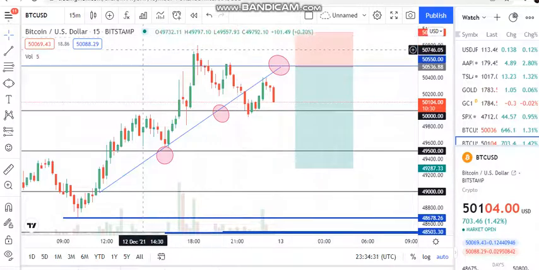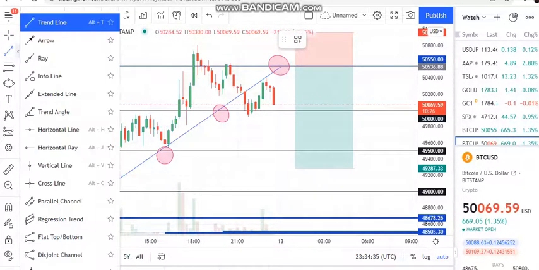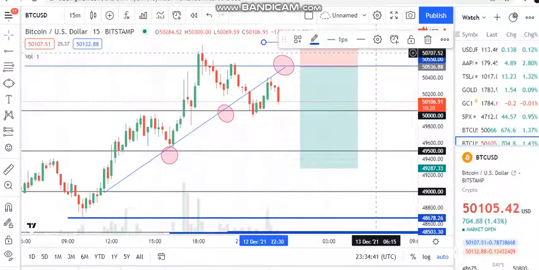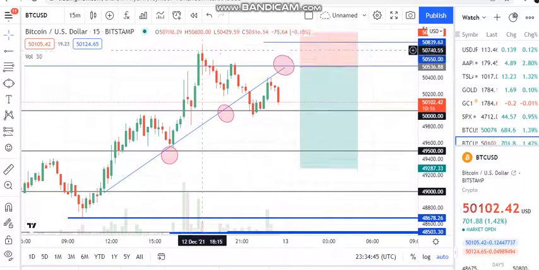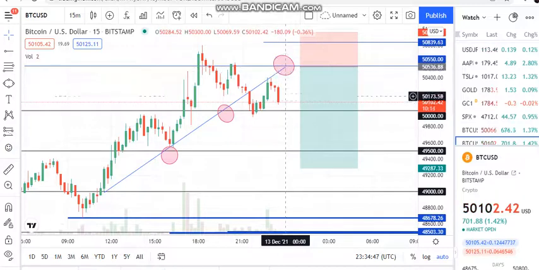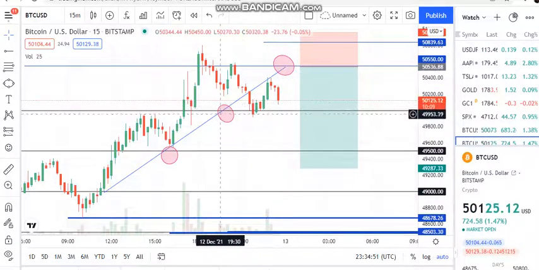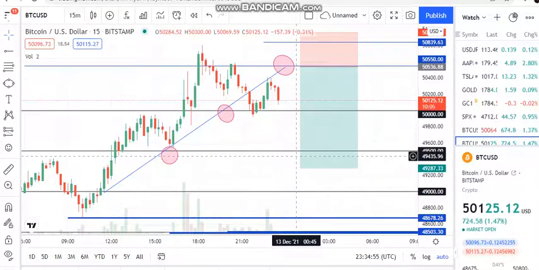Stop loss is above here. Stop loss is above here. Boom. Price never goes back up here. Boom. You stay in the trade. It goes back to the next key point, point B. Once price goes to point B, it'll go back to point C.